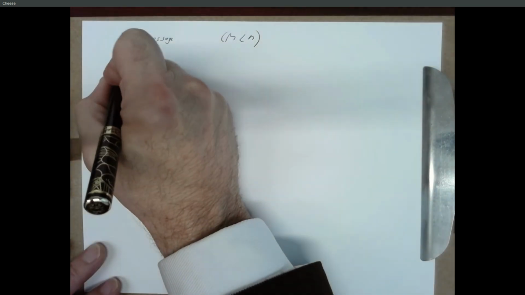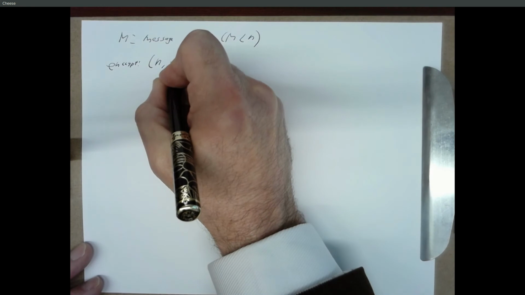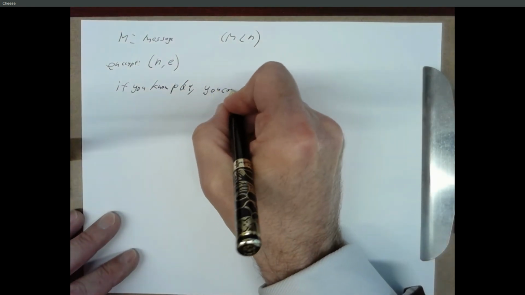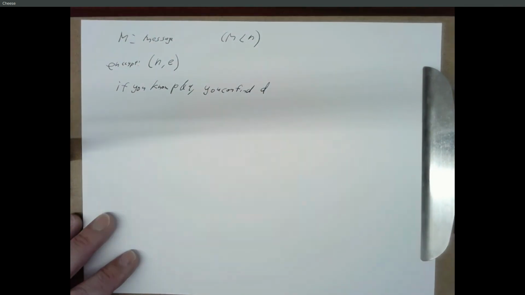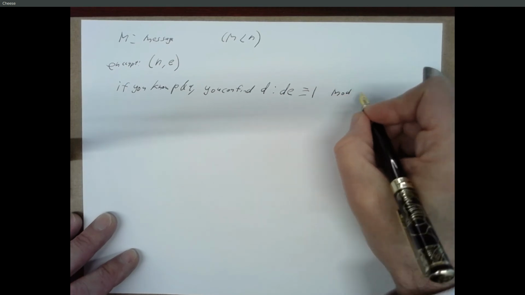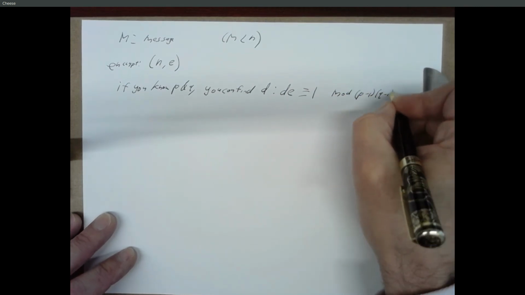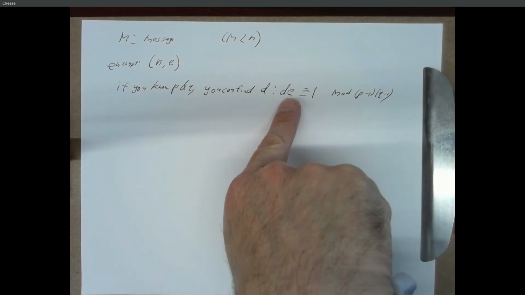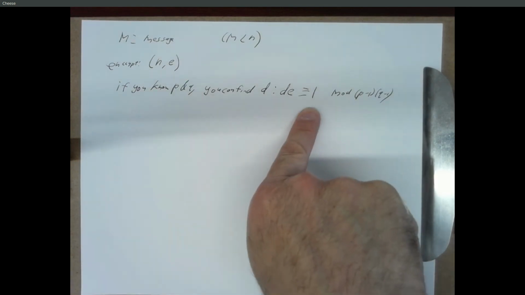And your encryption key is little n, comma, E. If you know p and q, you can find an inverse D such that D times E is congruent to 1 modulo p minus 1 times q minus 1. We won't go into how to do that, but if you know these primes, you can find an inverse of E such that D times E is congruent to 1.